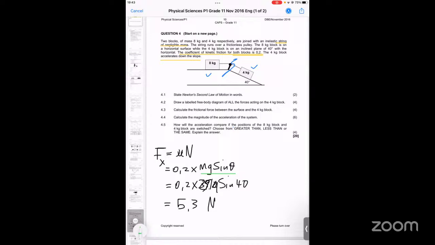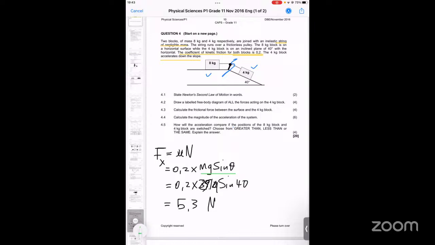So I'm just trying to understand if that is FG parallel or FG perpendicular. That's parallel, sir. That's parallel, okay. And then the FG parallel, is it the one that is balancing with the normal force?